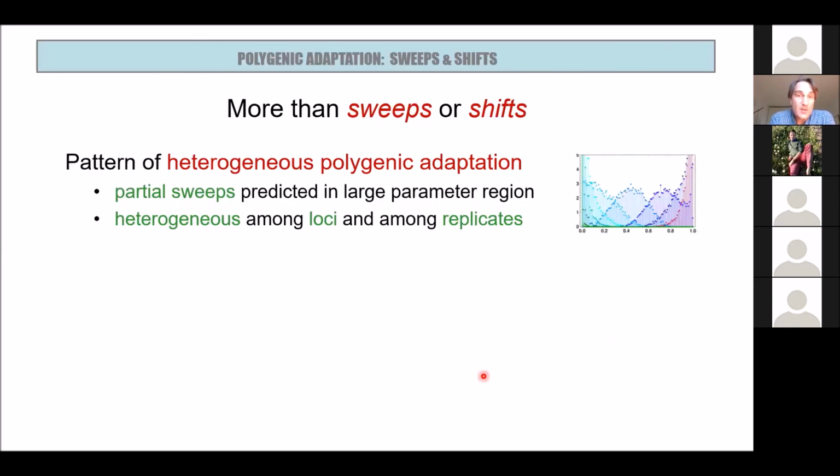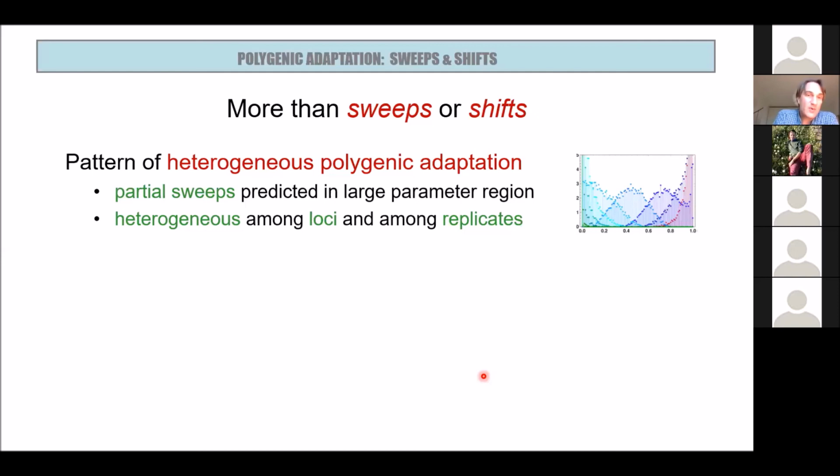All right, but then another important aspect is that definitely we have more than just these extreme examples of adaptation by sweeps or adaptation by shifts on the other hand, right? So these are really only the extreme endpoints on a continuous scale of patterns that can really happen.